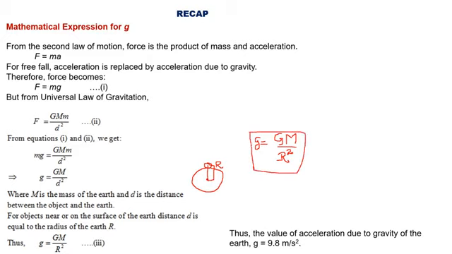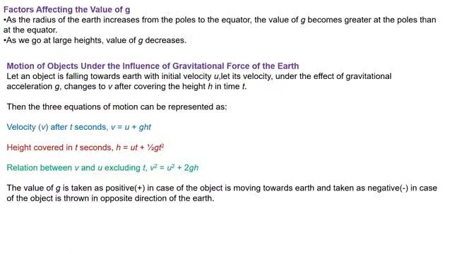And we also calculated in the last session what is the value of g. The value of g is 9.8 meter per second square. Now let's find out the difference between small g, that is acceleration due to gravity, and the gravitational constant. Now what are the factors on which the value of g depends?